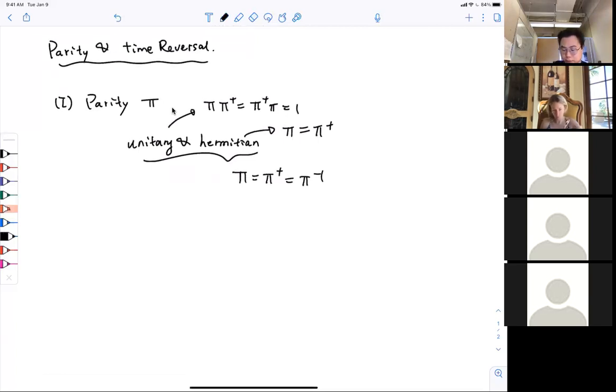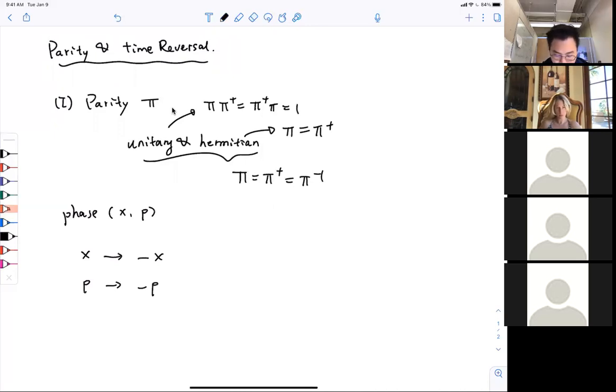So in classical physics, the space we care about is the phase space, right? It's x and p. So x transforms to minus x, p transforms to minus p under the parity operation.